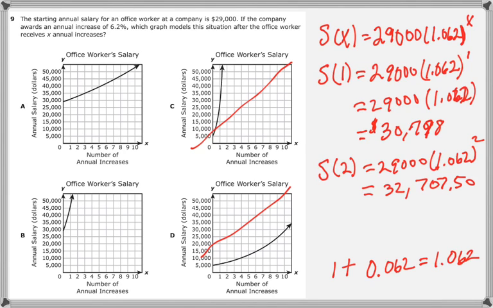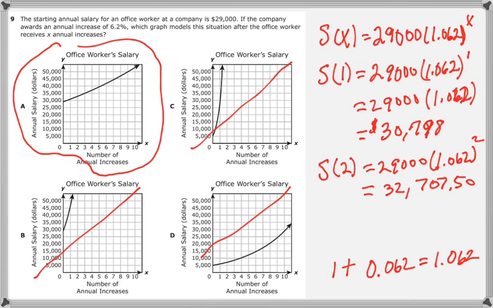Let's go back, which is still well short of what looks like 45,000 after year 2. And at year 2, according to this one, it's off the graph, so it would be almost probably $80,000. So we can feel pretty comfortable ruling out answer choice B. That leaves us with answer choice A as the correct answer.